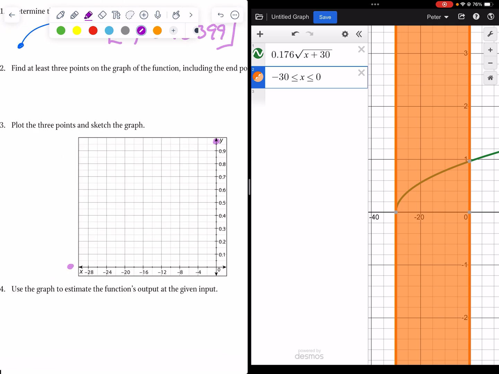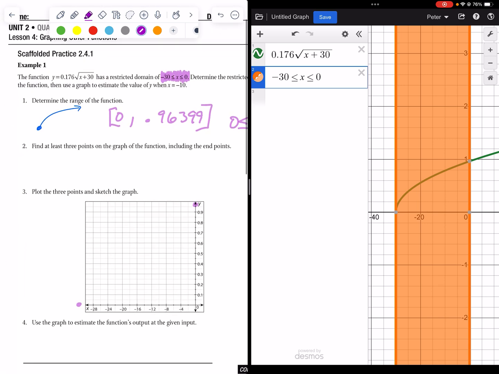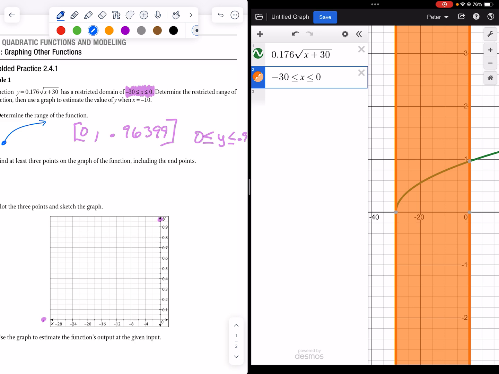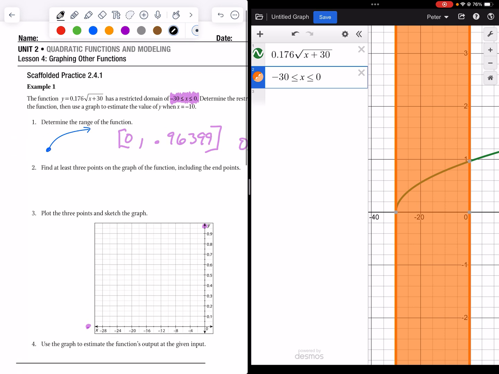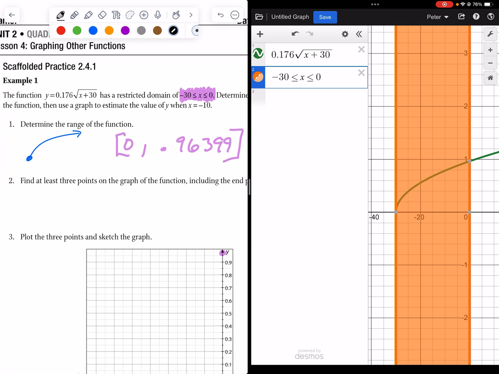The reason for the third point is so that you have an idea of where the curve goes, because it's not a straight line. A third point helps you see where the curve is going.